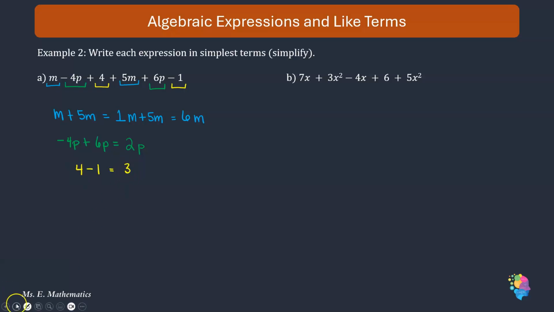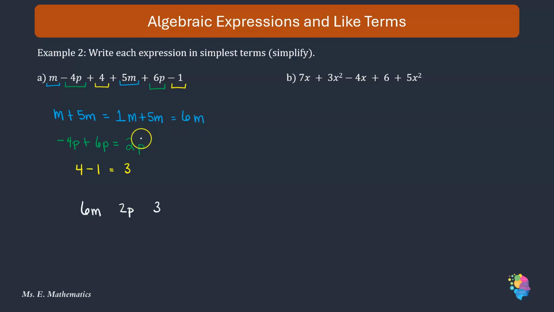So how do we write this? Well, because mathematicians like order, we're going to write them in alphabetical order. So we're going to do the 6m first, the 2p second, and then the 3. So 6m, the 2p, and the 3. Remember, these are 3 different terms, so we need to separate them using either pluses or minuses.